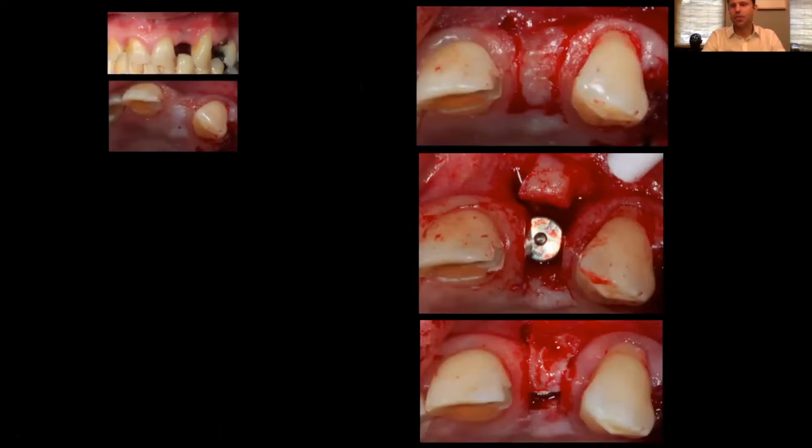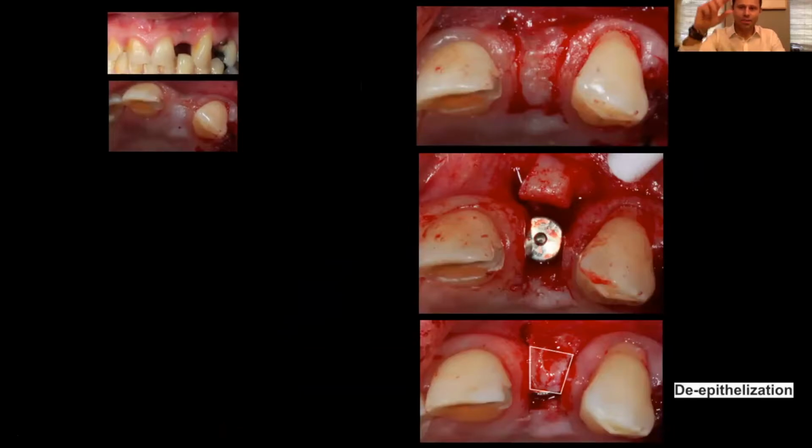This is an external hex 3i that was placed over 10, 12 years ago. And I extend the incision all the way onto the palate so that I can have de-epithelialization of the tissue.